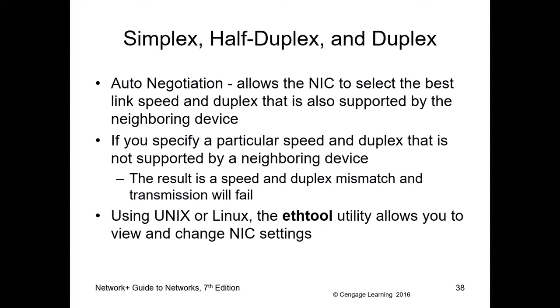Auto negotiation. When you take your NIC and connect it to a switch, here are two things I want you to write down. Your NIC will always negotiate two modes with the switch. The speed: how fast is the NIC, 10 megabits per second, 100 megabits, or 1,000 megabits?